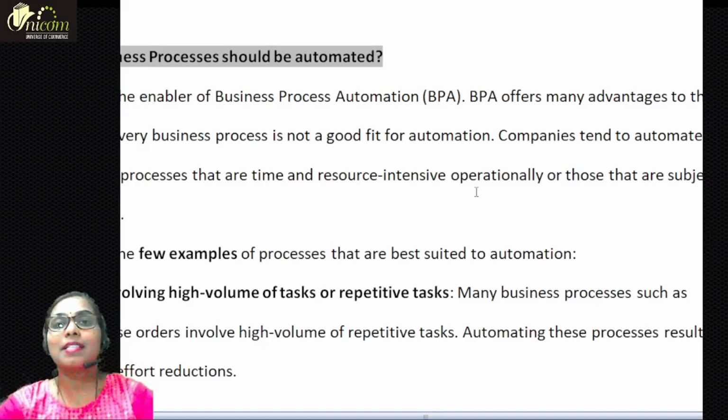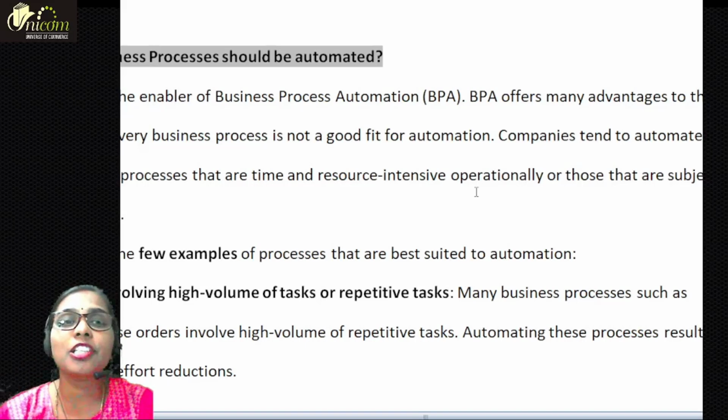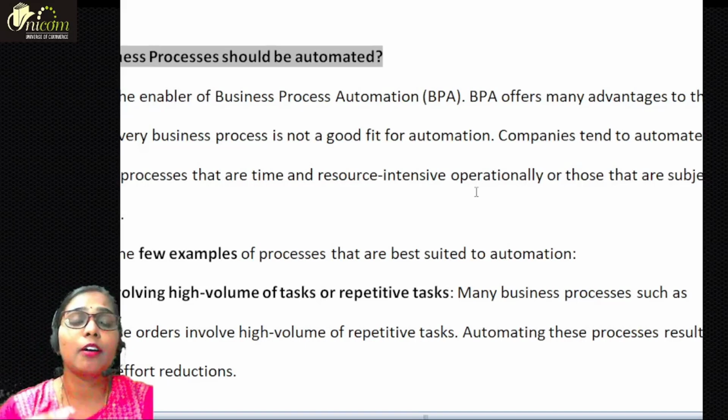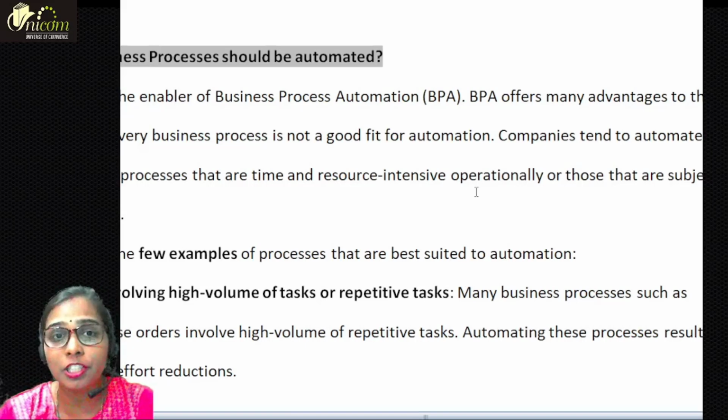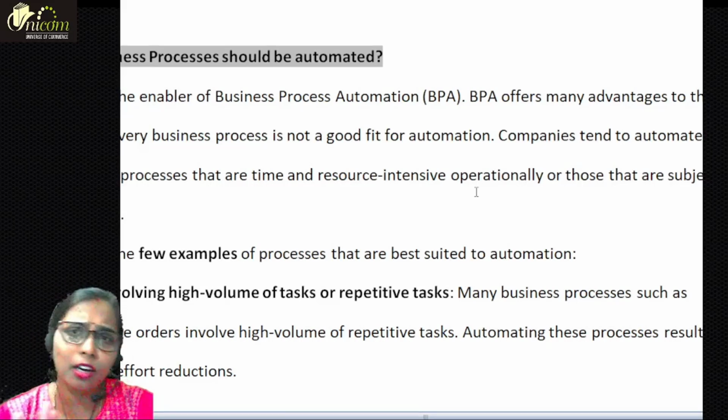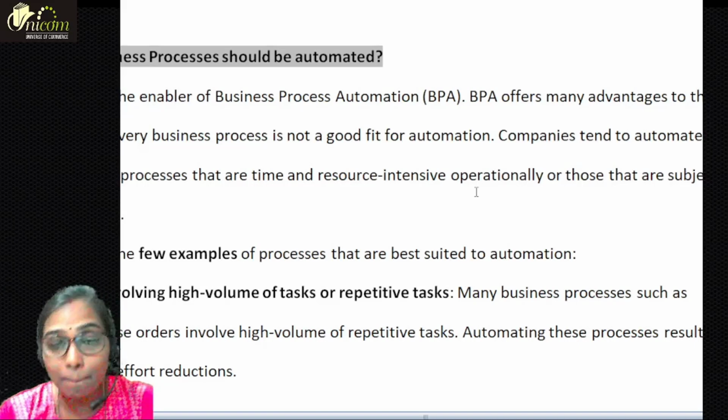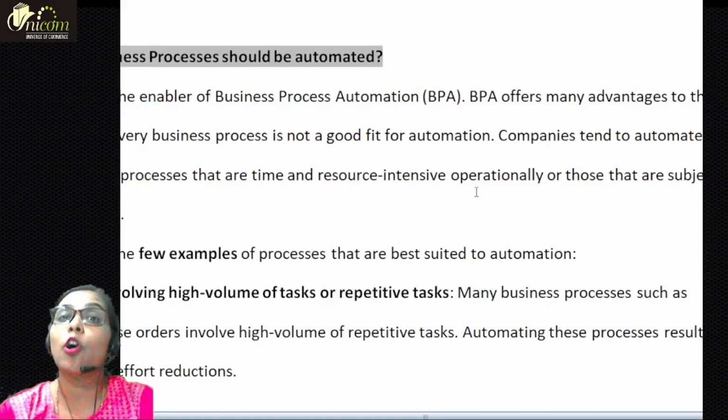Normally, what is automation of business processes, what is automation, what is business process, what is process, all these things are there in the syllabus. But now they have added this new topic, that is, which business process should be automated.